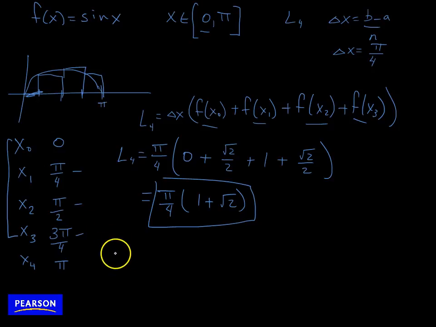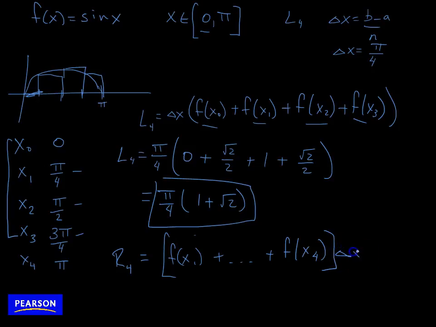Now, we could do a right approximation as well and do a right sub 4, and it would be very similar, except we wouldn't have the f sub 0. We would start at f of x1 and then go up to f of x sub 4. And then we'd multiply that whole result by the delta x.